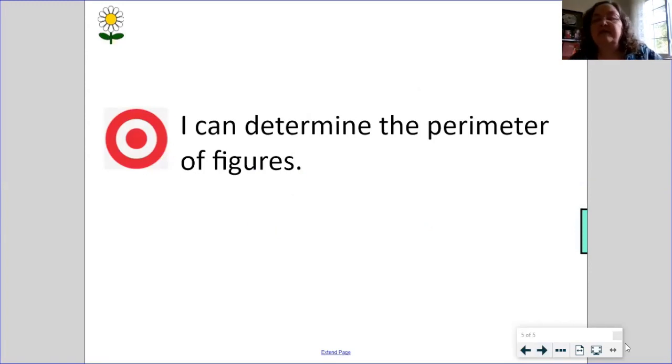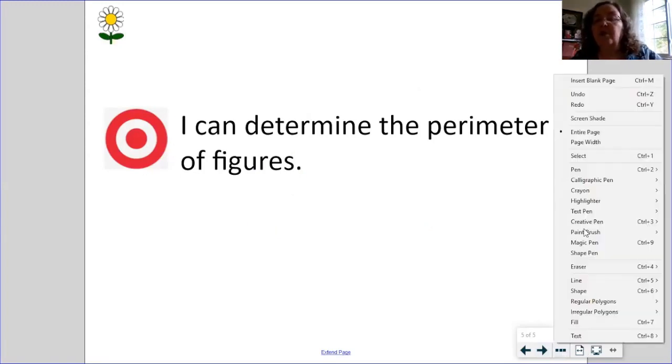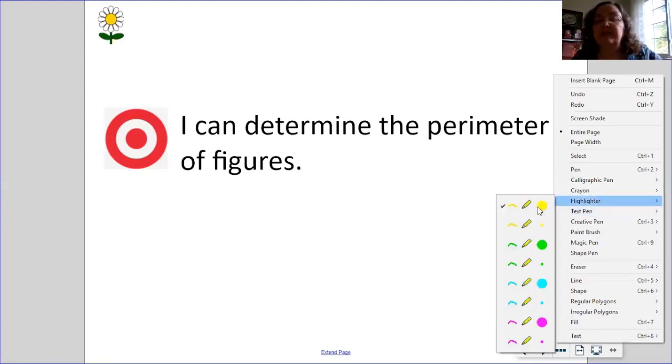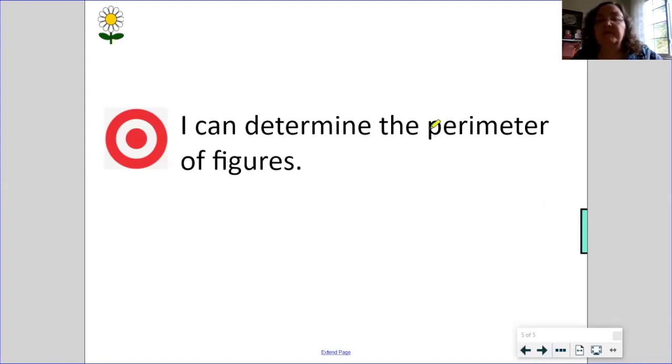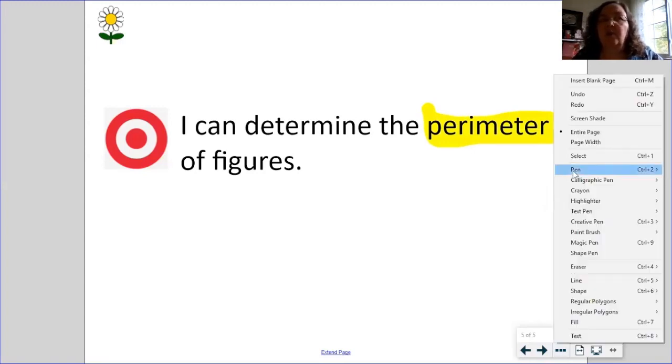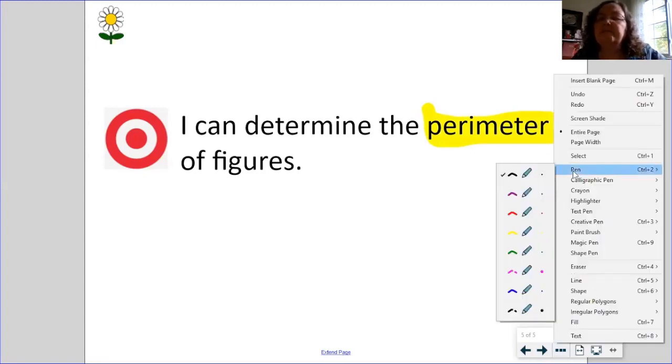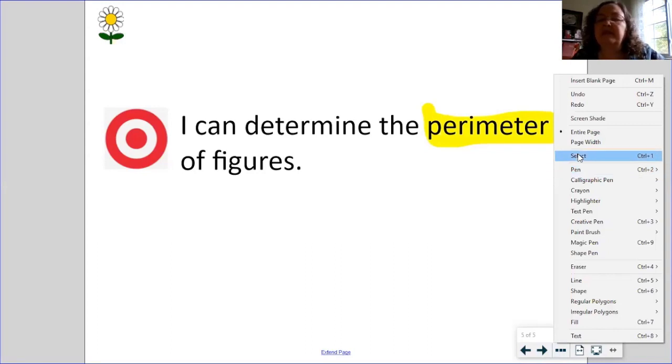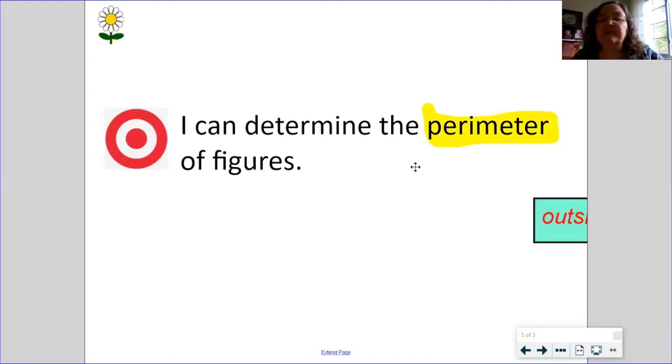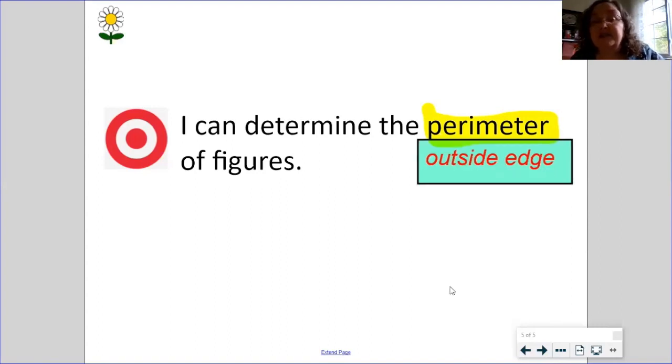And we wanted to make sure that we knew what that word perimeter means. So I'm going to highlight that word perimeter because that's such an important word today. And what did we say? Can you whisper what the perimeter is to somebody? Perimeter means the outside edge. So I can determine the perimeter of figures.